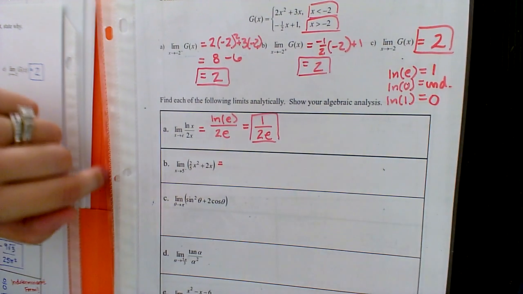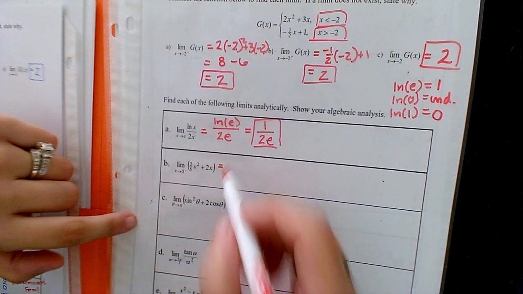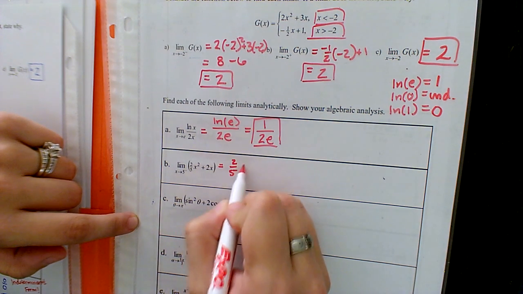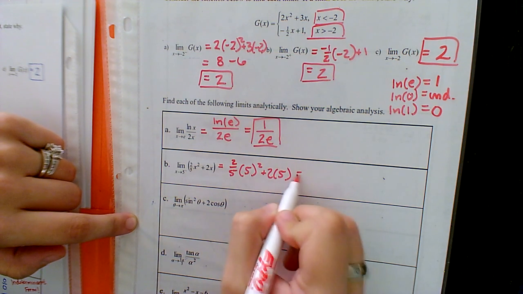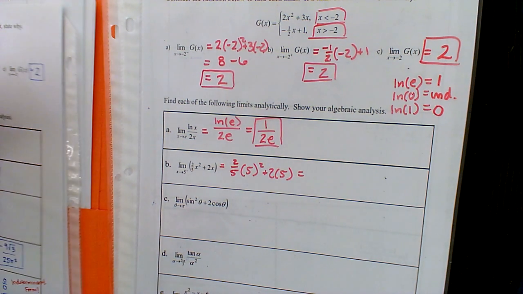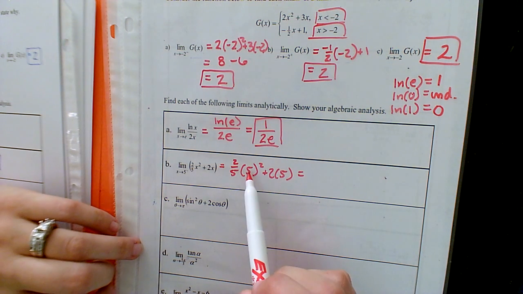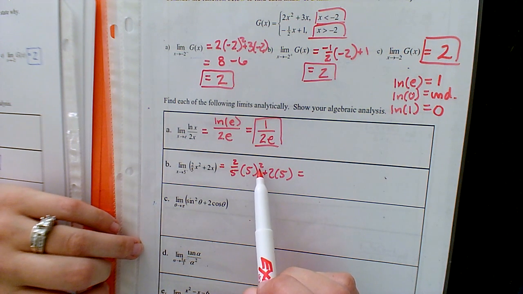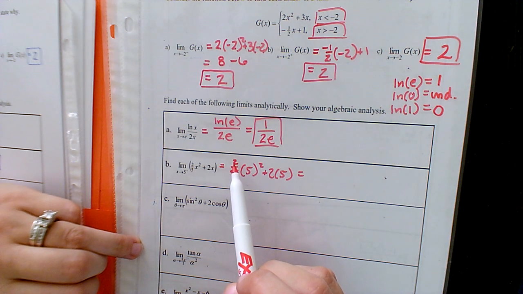We want to approach 5 from the left. Now, in terms of direct substitution, we're just going to plug in 5 and see what happens. Let's see, 5 squared is 25, 25 times 2 is 50.